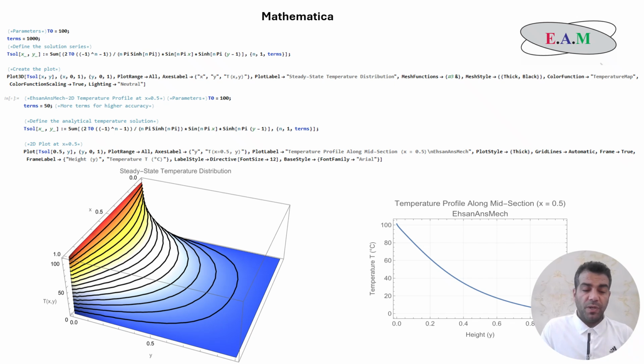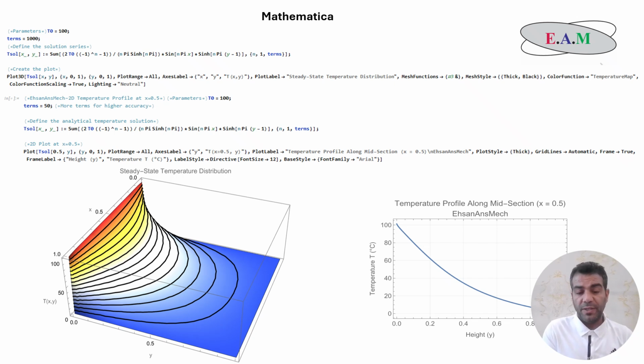This shows the mathematical implementation of the analytical solution. The function T(x,y) computes the temperature distribution using the first n terms of the infinite series. Typically, a finite number like 50 provides good accuracy.